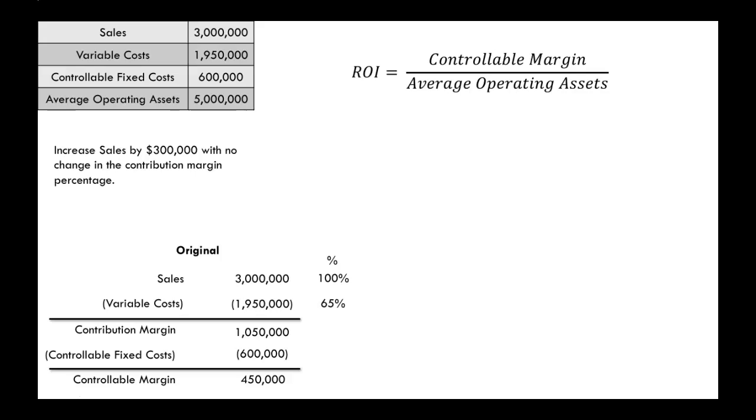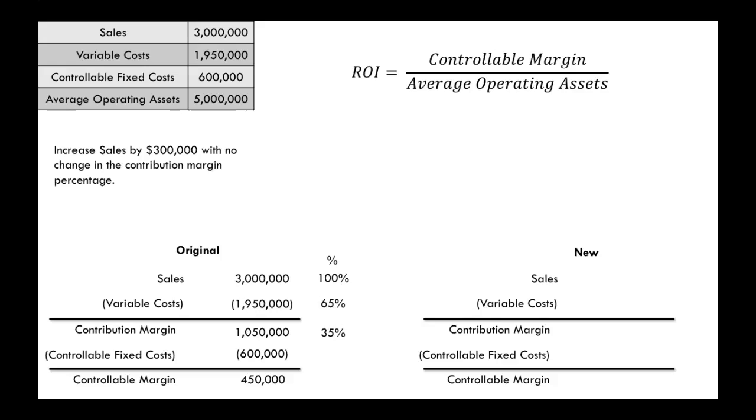Variable costs is 65% of sales. So if you took the 1,950,000 divided by the 3 million, that's how you find that 65%. And then we know that sales minus variable costs will give us contribution margin. So 100% minus 65% gives us this 35%. So that's our contribution margin percentage.